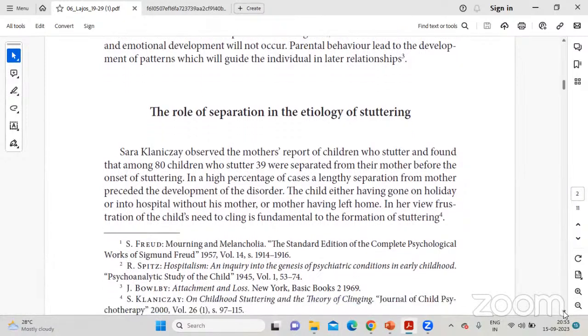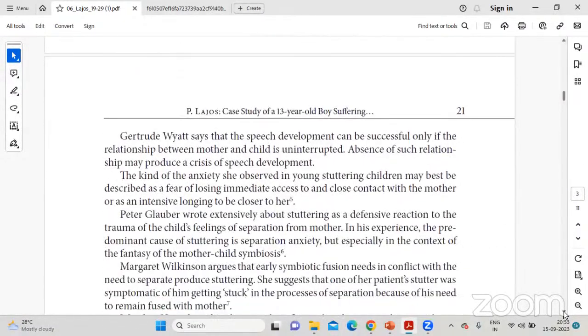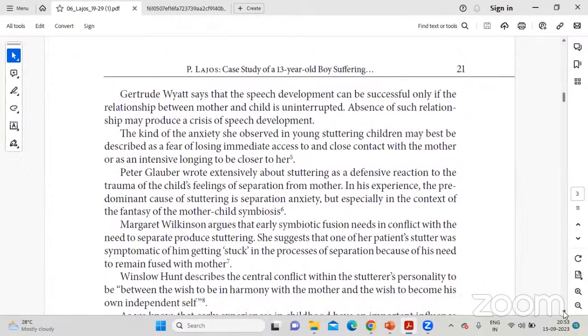They presented different research findings which supported this particular viewpoint, and how stuttering as a symptom develops.